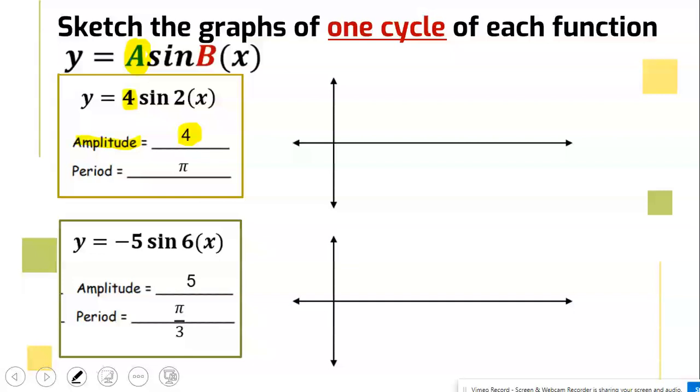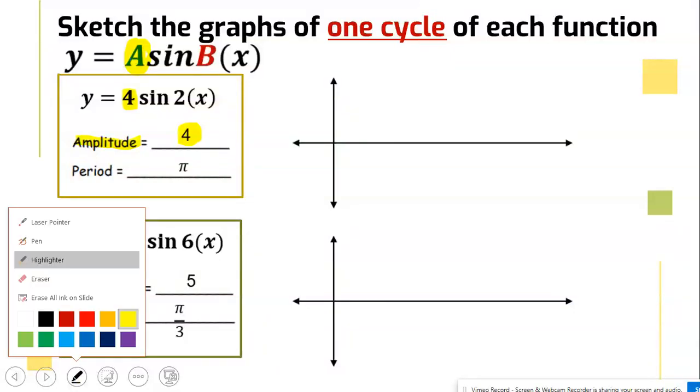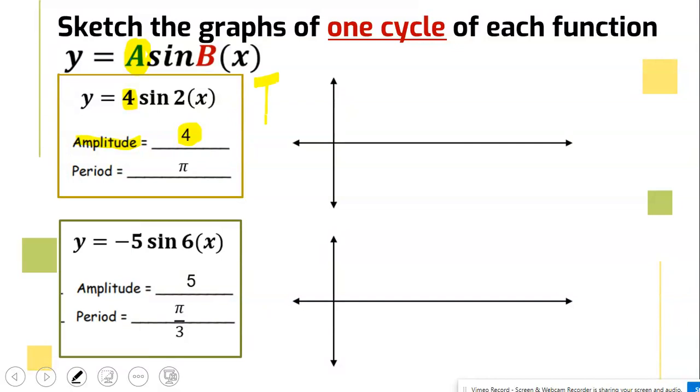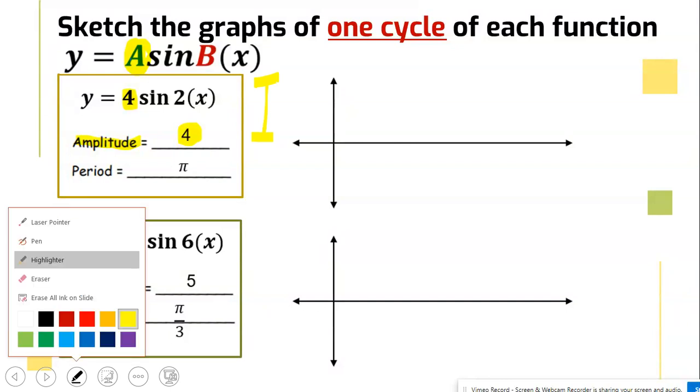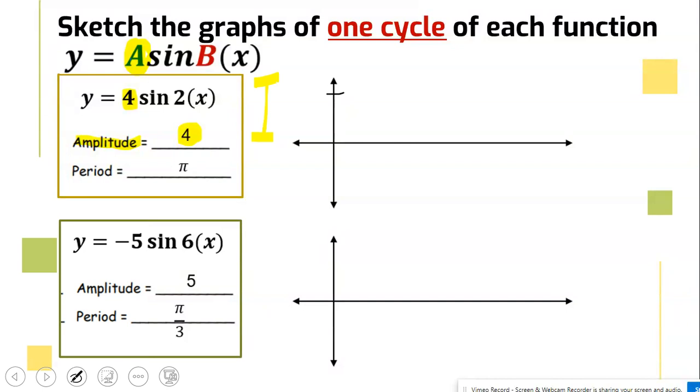So you can take that information and label the y-axis, because remember, amplitude is measuring how big that distance is. And we know that distance is 4. So we can just mark this as positive 4 and then negative 4. That's as easy as it has to be. Fantastic. So we've got our amplitude.